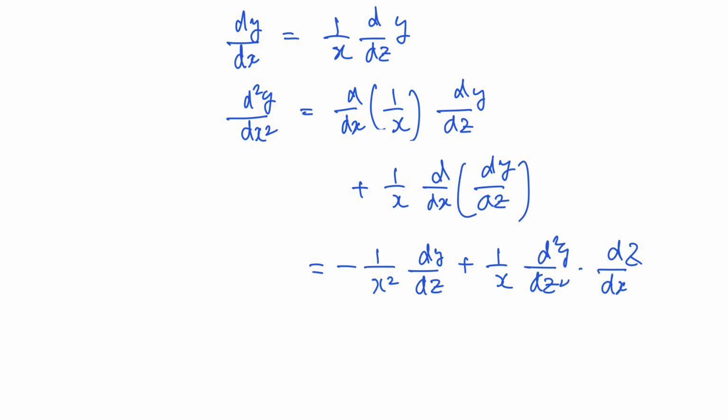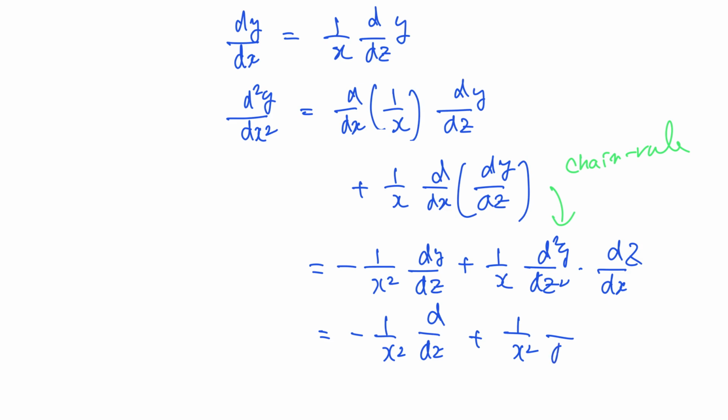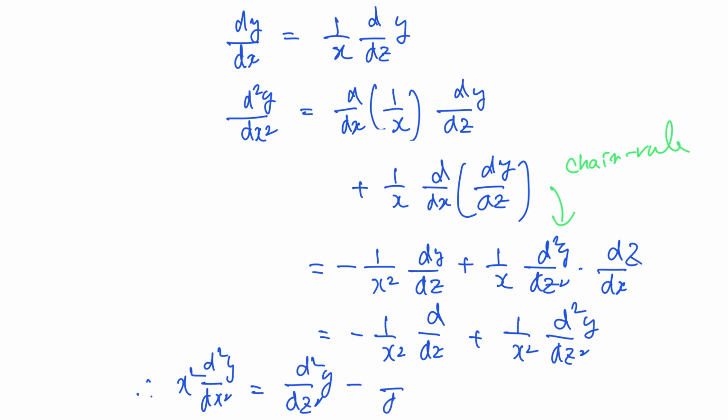We apply the chain rule again. Then we have minus 1 over x squared dy/dz plus 1 over x squared d squared y/dz squared. Therefore, x squared d squared y/dx squared is d squared y/dz squared minus dy/dz.